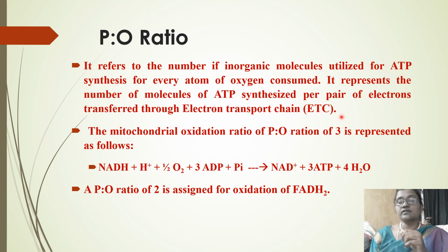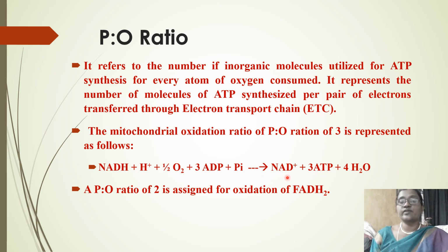In mitochondrial oxidation, if you get a P-to ratio of 3, then you represent it as NADH plus H plus, half molecule of oxygen, plus 3 ADP plus Pi, resulting in 3 ATP molecules synthesized.